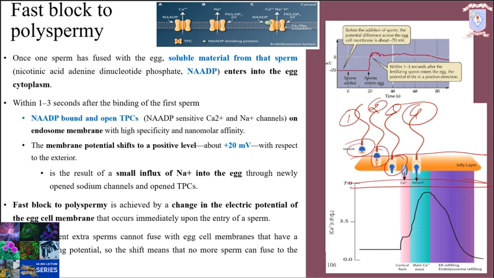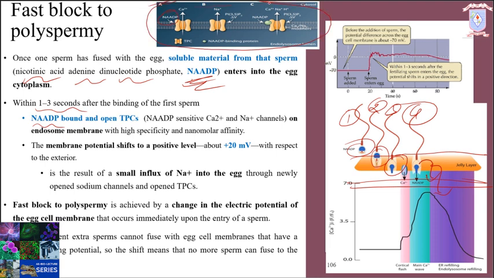So once one sperm has fused with the egg, the soluble material from the sperm, that is NAADP, nicotinic acid adenine dinucleotide phosphate, enters into the egg cytoplasm within 1 to 3 seconds after the binding of the first sperm. Here you can see the NAADP.